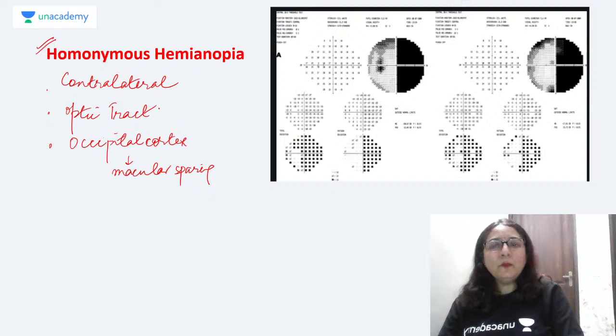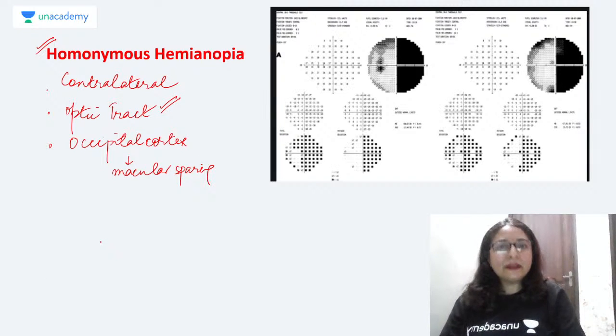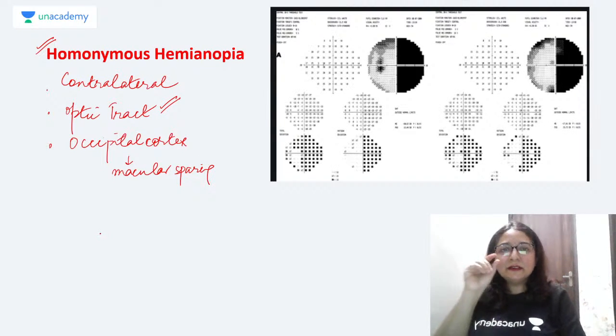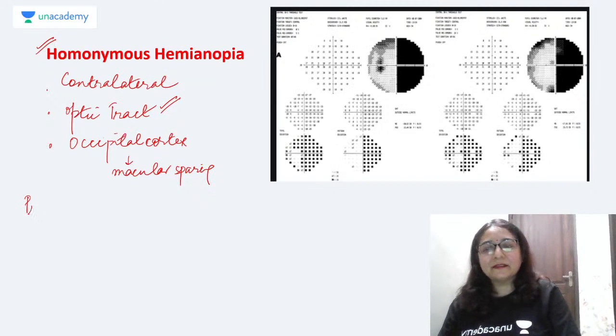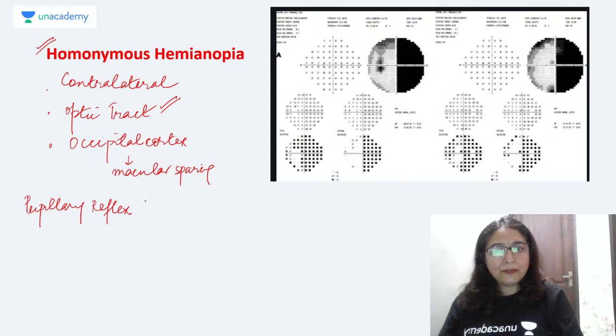One point to be noted about the optic tract lesion, that is the fibers which are responsible for the pupillary reflex. For the pupillary reflex, they also follow the visual fibers till the optic tract.